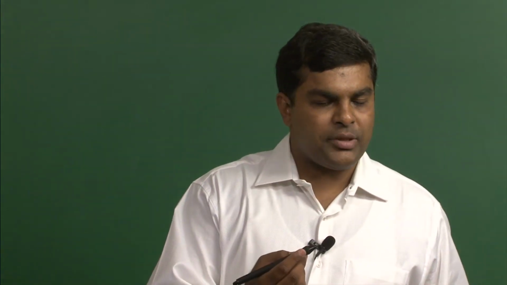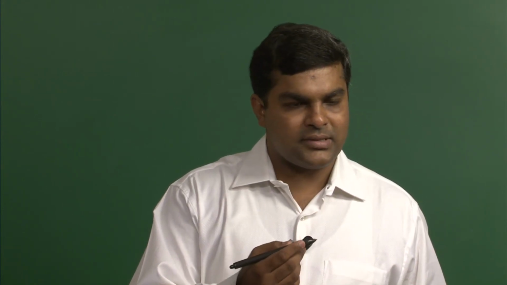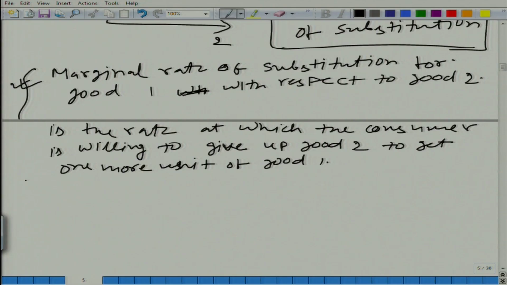Again, there are two parts. Why do you buy a good in the market? Because the price of that good is less than the value that you assign to that good. So, we are talking about the individual sense, not the market sense. The opportunity cost is related to the market.